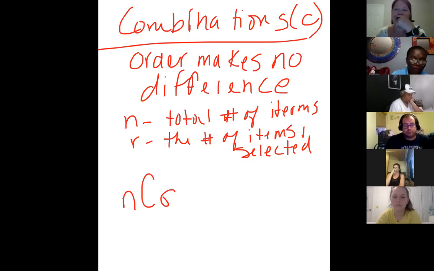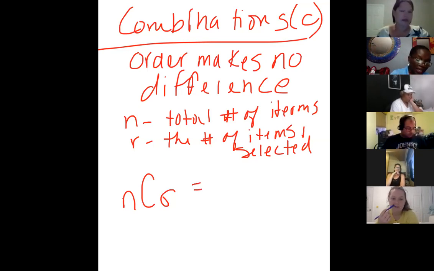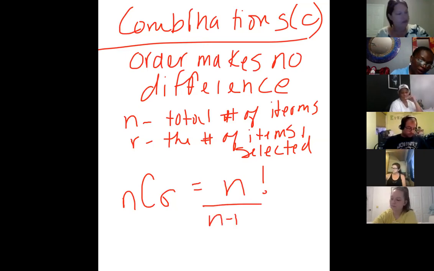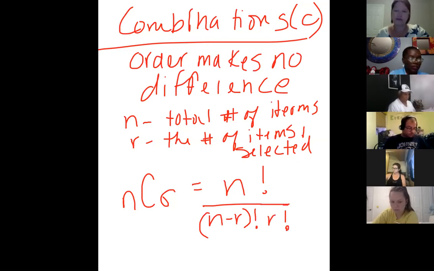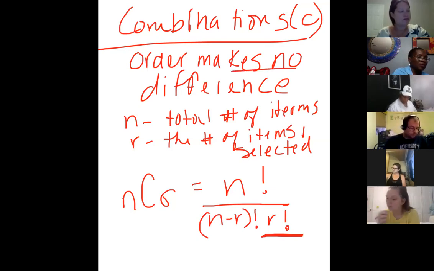So now the formula we use for the combination is this. It's N factorial over N minus R factorial times R factorial. Now you notice we added an extra item over here. And the reason we're doing this is because the order makes no difference.